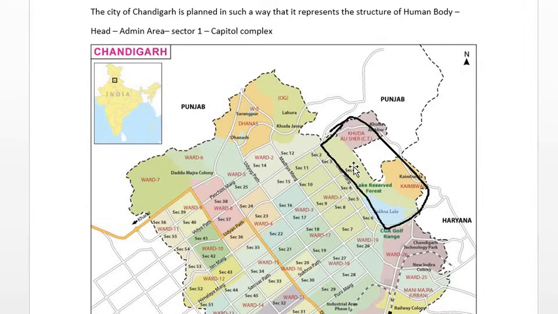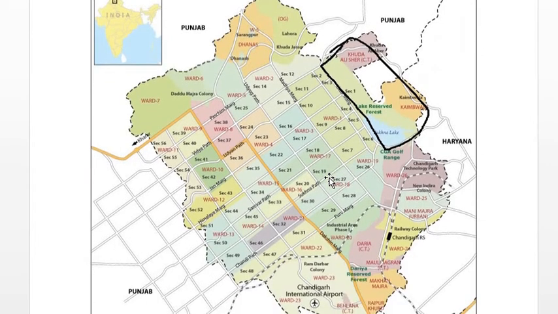The capital complex serves as the legislative and administrative block of Chandigarh, and it was declared a World Heritage Site in 2016. So the capital complex, situated in sector 1, is the head of Chandigarh.